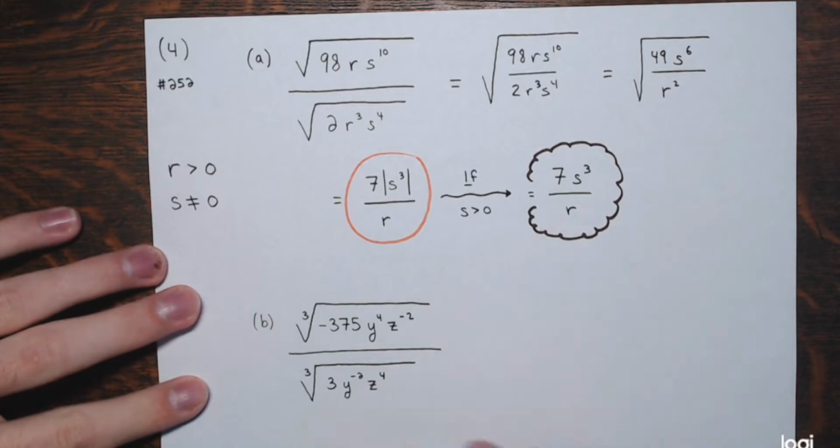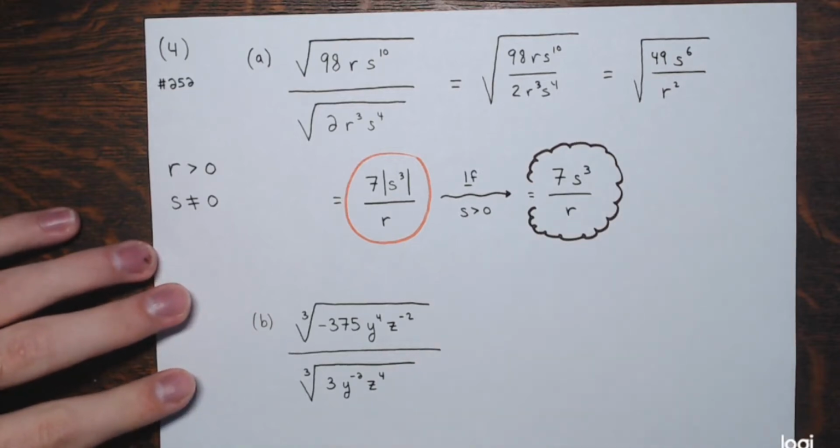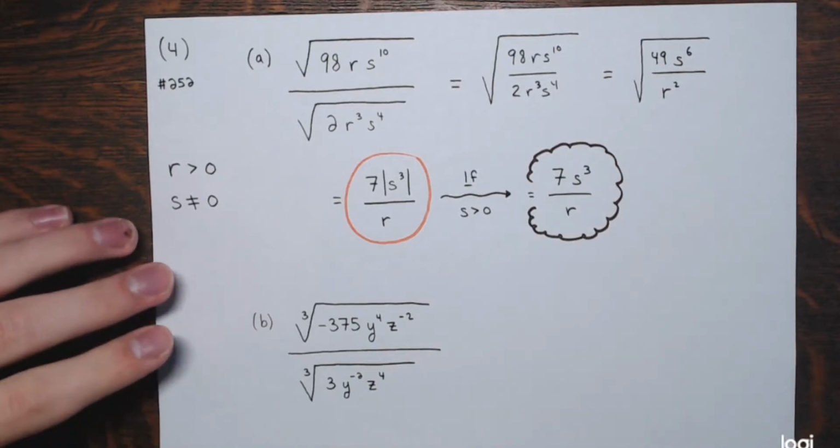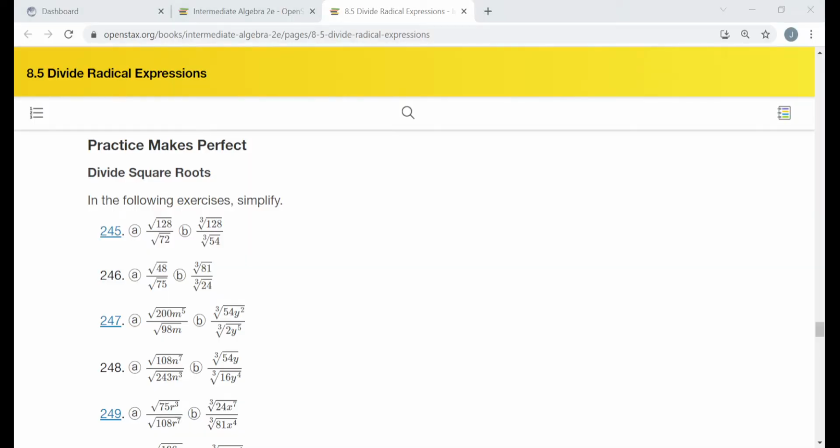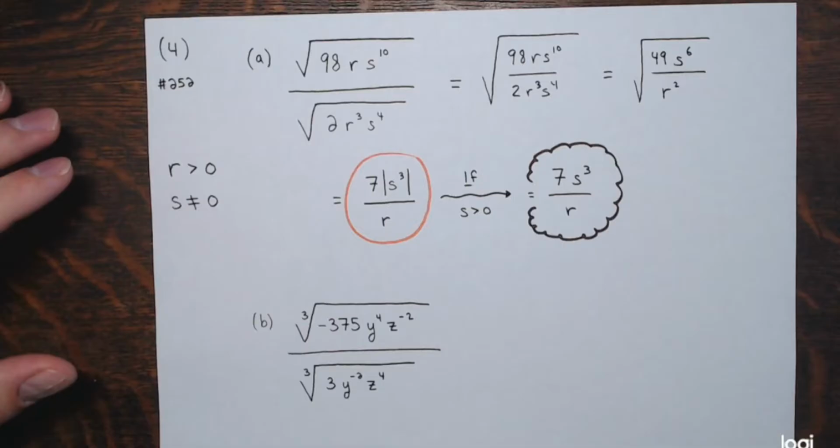Because if you look back at the instructions from the textbook, it says just in the following exercises simplify, and nowhere does it say assume the variables are positive. Doesn't say that anywhere. So you should have to use absolute value symbols in certain scenarios. I just want to throw that warning out at you.